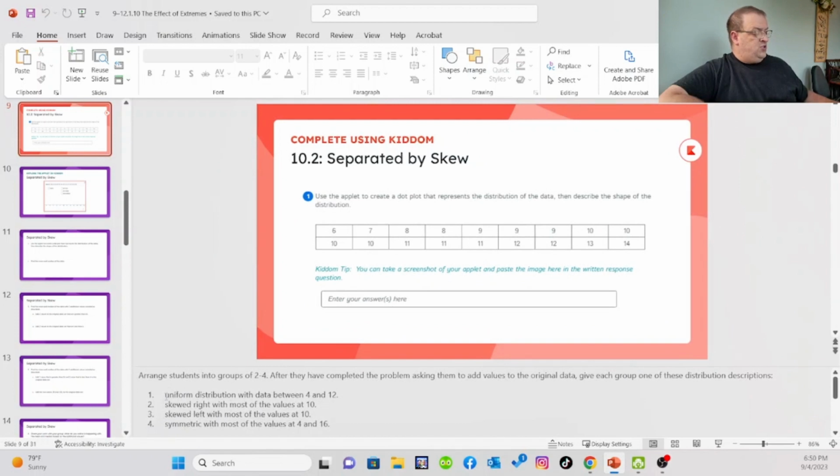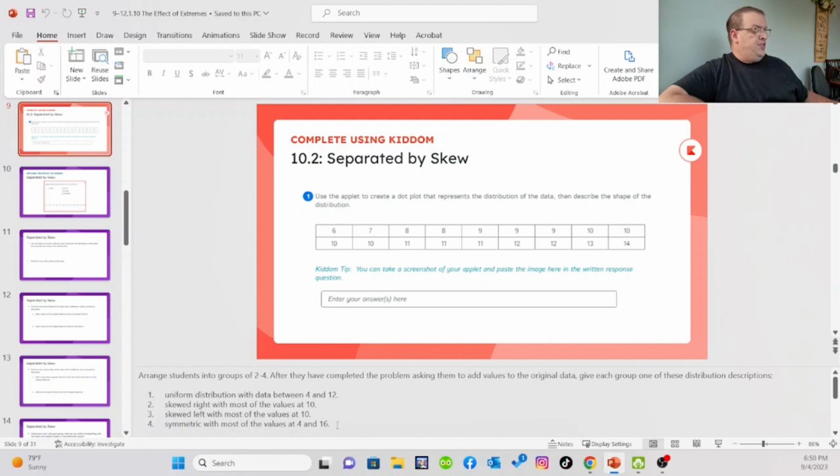So the first choice is that you're going to make a uniform distribution with data between 4 and 12. The second option is that it's going to be skewed right with most of the values at 10. The third option is that it's going to be skewed left with most of the values at 10.